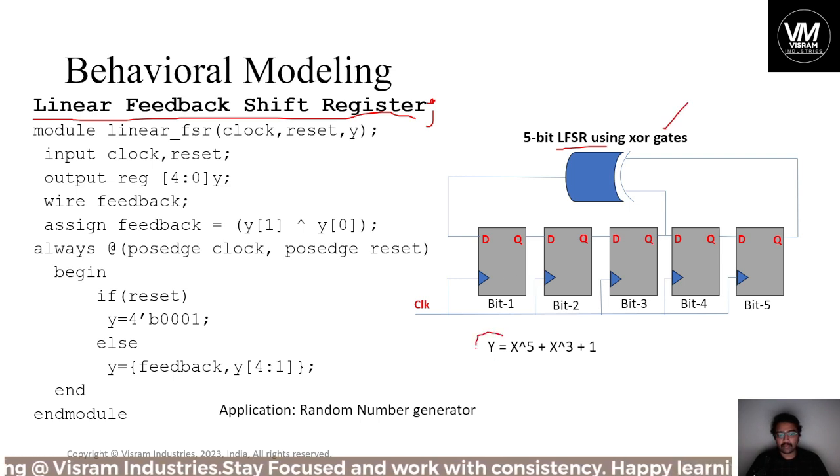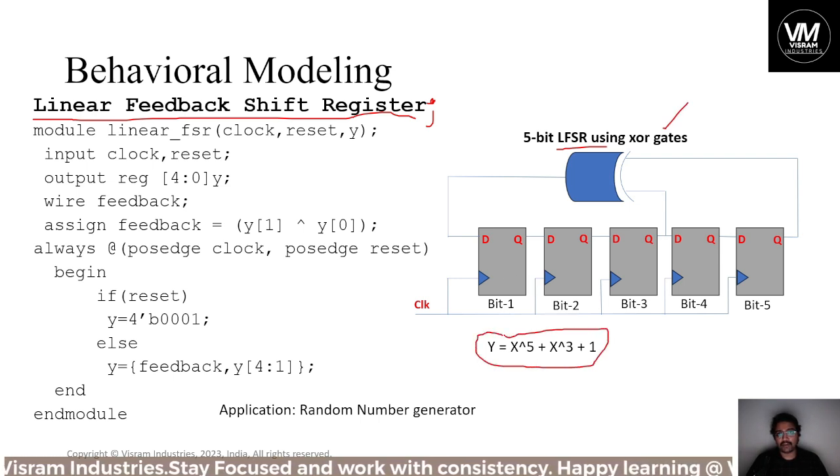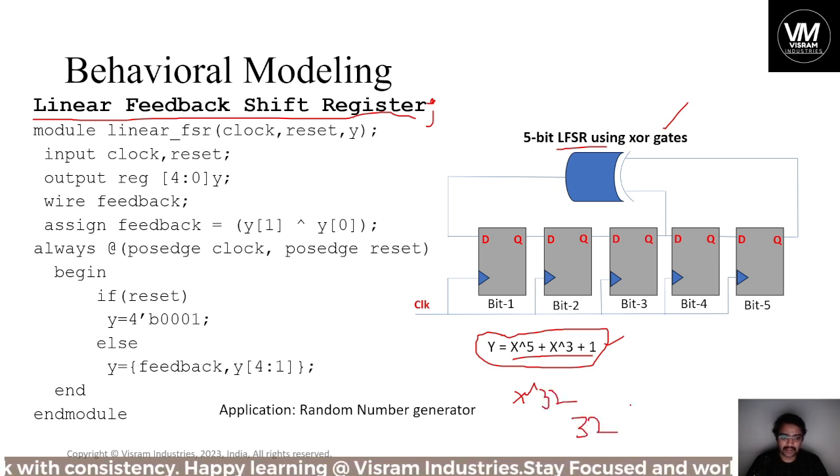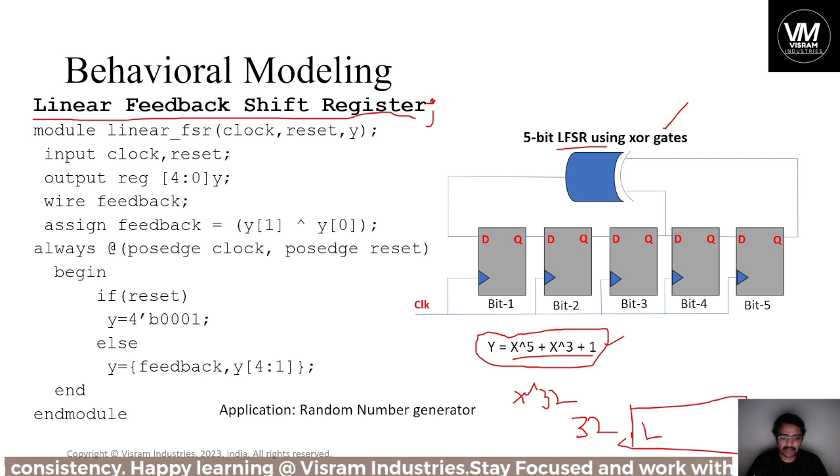But why did I give this kind of polynomial equation? This is a 5-degree polynomial equation where you have 5 bits of data. If you have x power 32, you have a 32-bit linear feedback shift register.